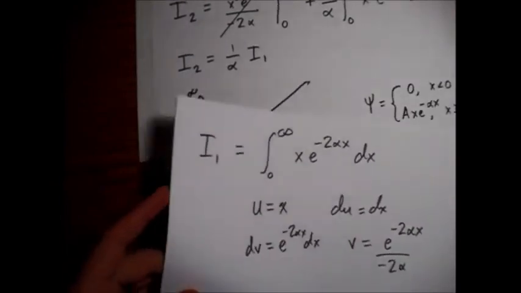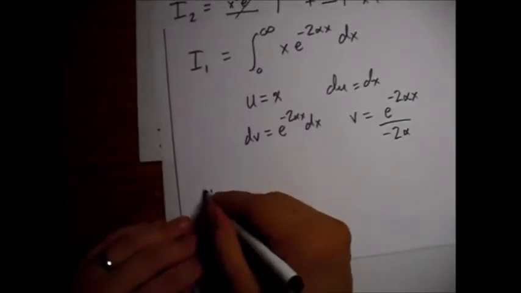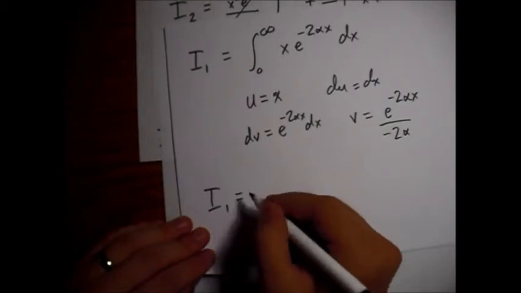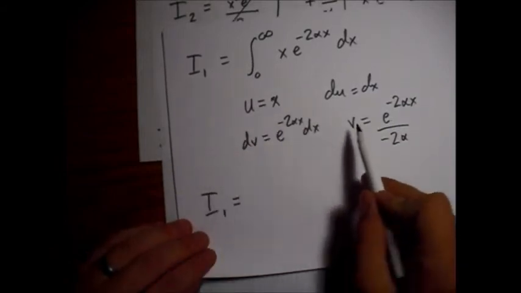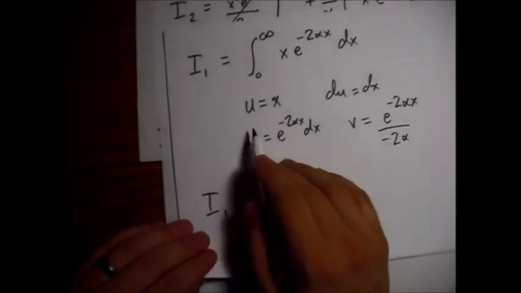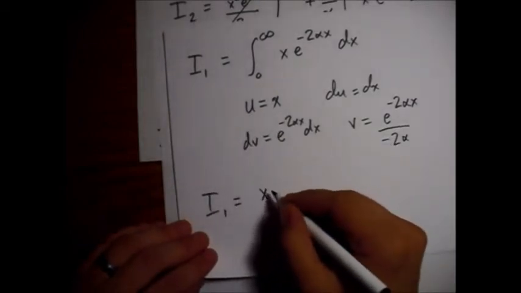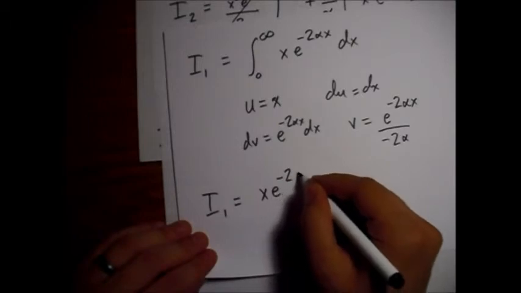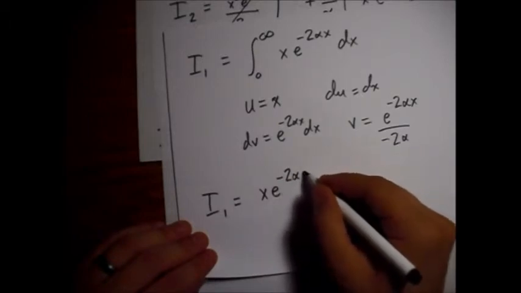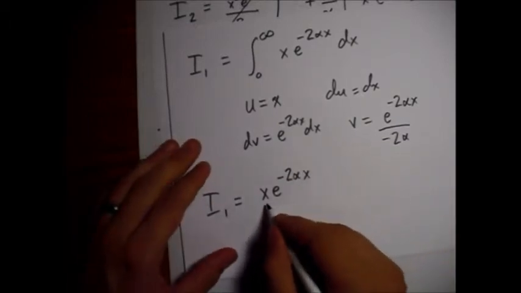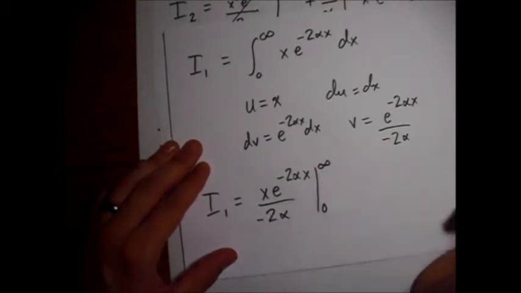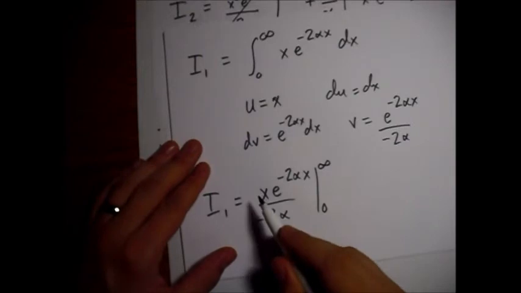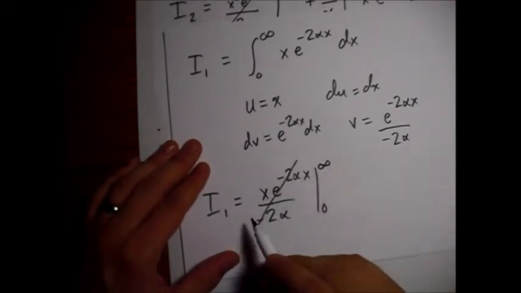All right, this means that our integral I1 is equal to uv, so x e to the minus 2 alpha x over minus 2 alpha, again evaluated from 0 to infinity, and we still have an x here, so this again goes to 0.